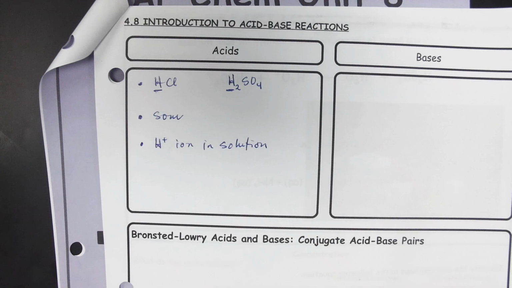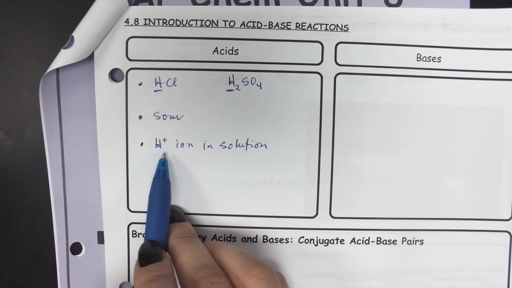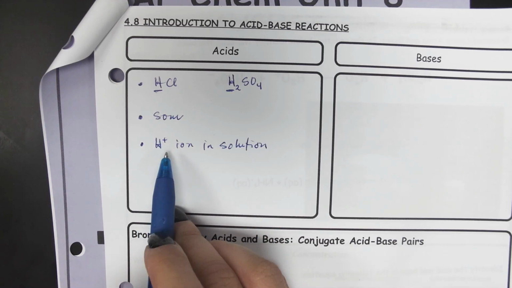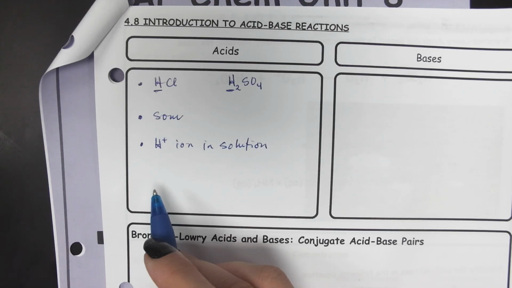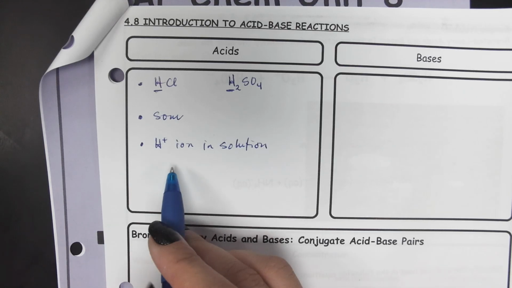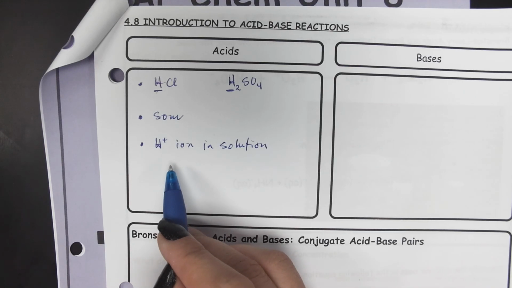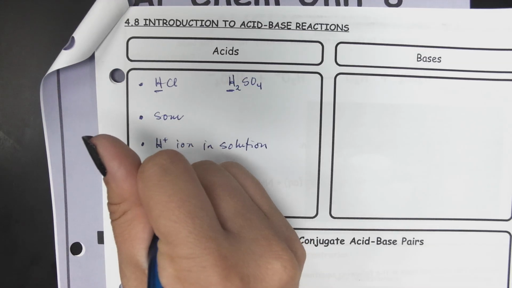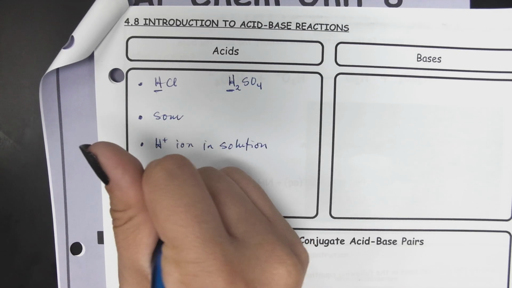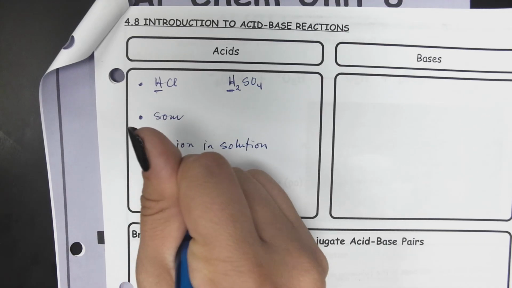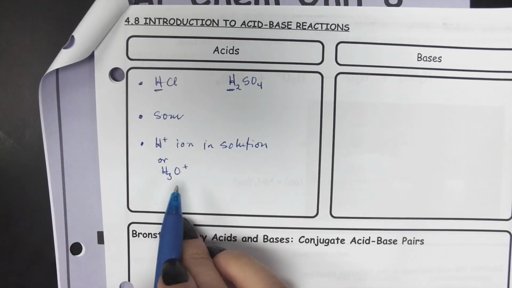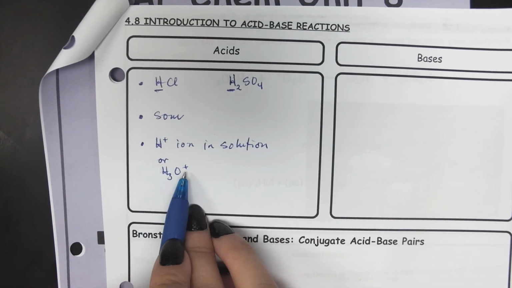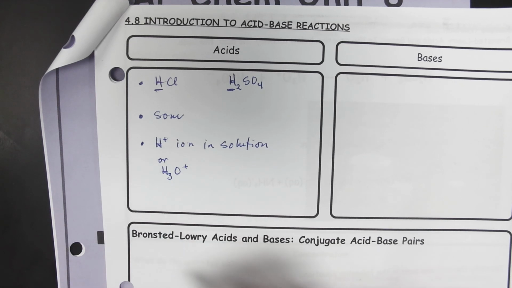They actually break apart, and we get a lot of these H+ ions just kind of floating around in the solution. Often those H+ ions will combine with a water molecule, and they turn into H3O+. And the fancy name of this, H3O+, is hydronium.